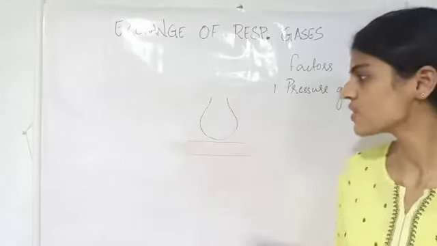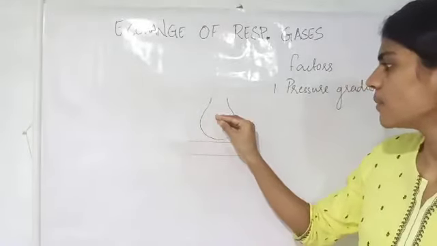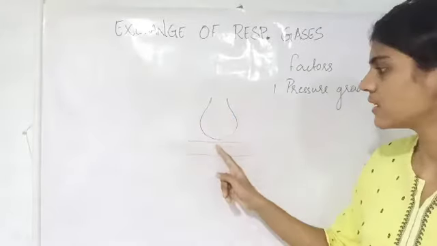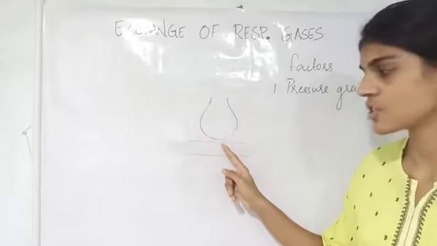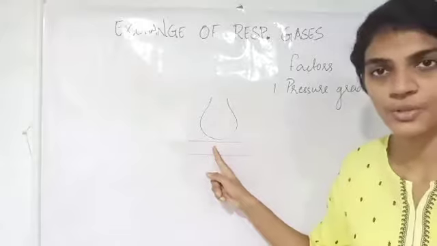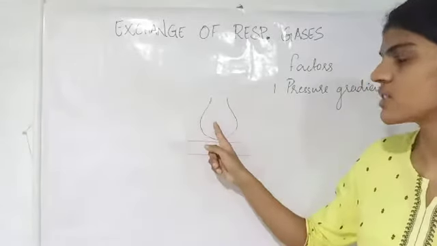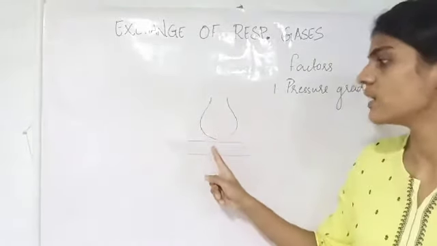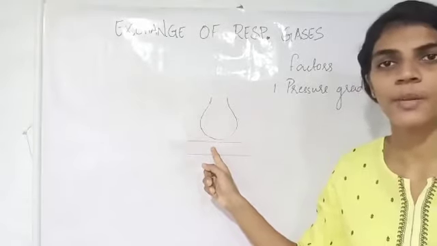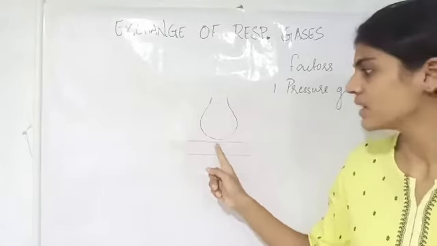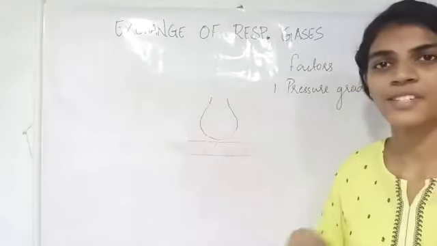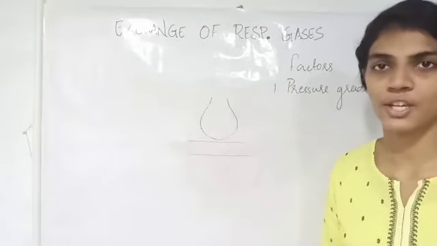Suppose there is the same pressure of oxygen here and the same pressure of oxygen you can find here also. Here there is 5 millimeters of mercury, and in the capillary also you can find 5 millimeters of mercury. That means these two places, these two pressures are in equilibrium.